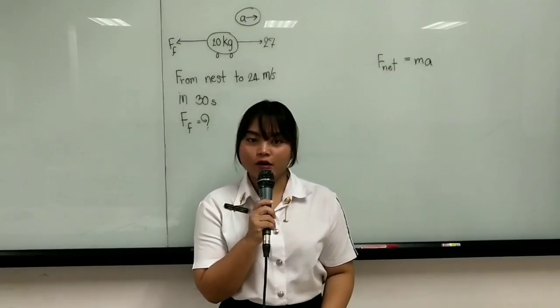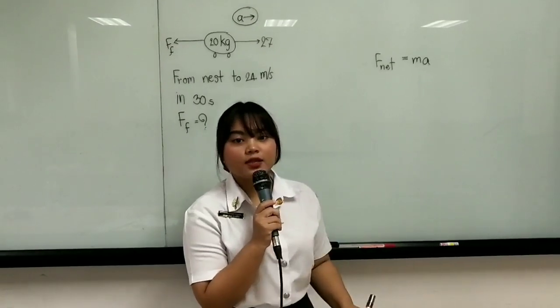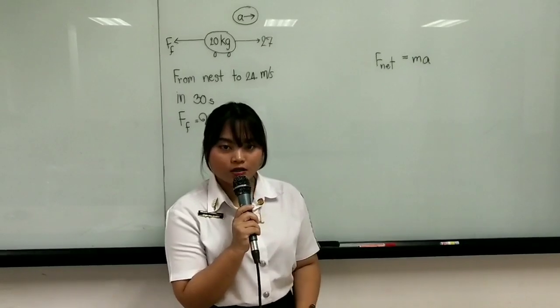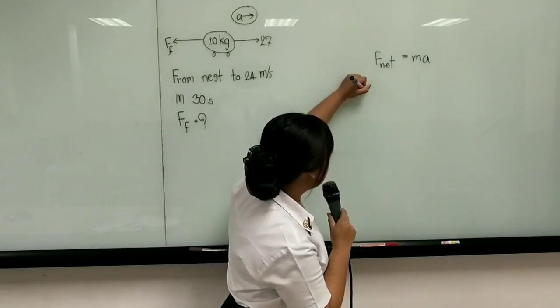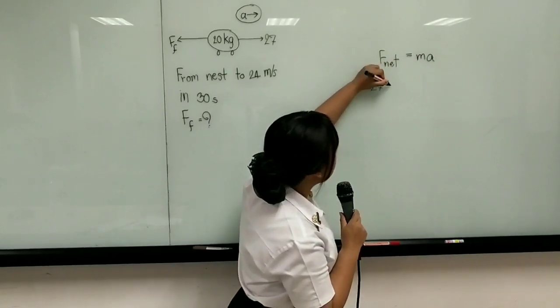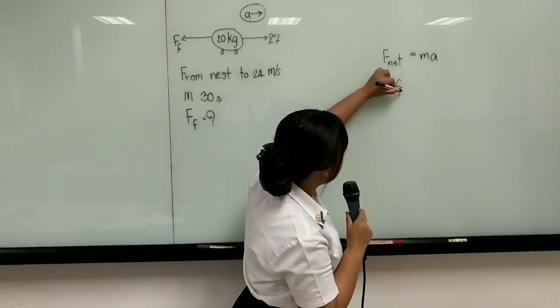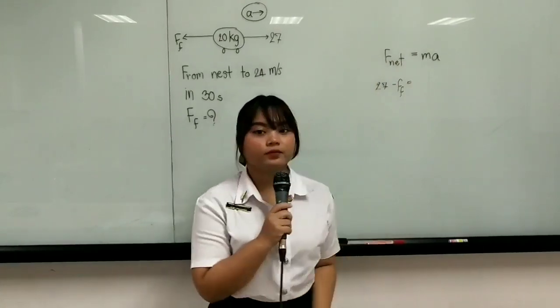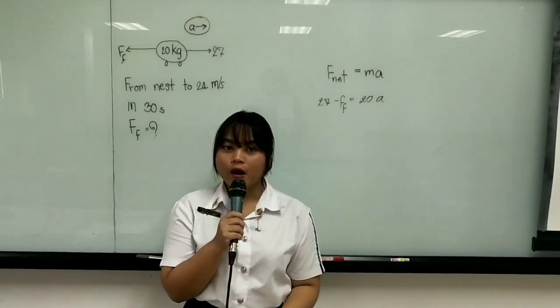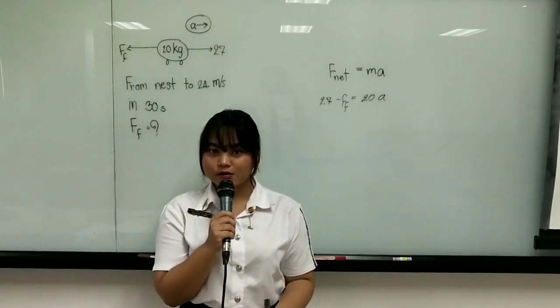The forces are 27 minus force of friction. Okay, well, how do we get the acceleration?